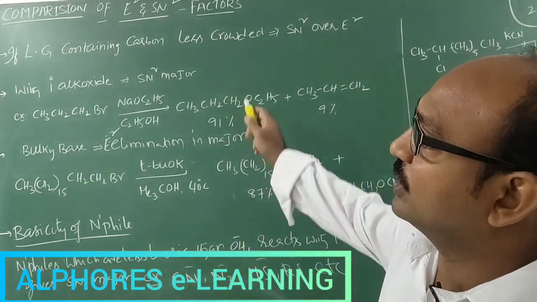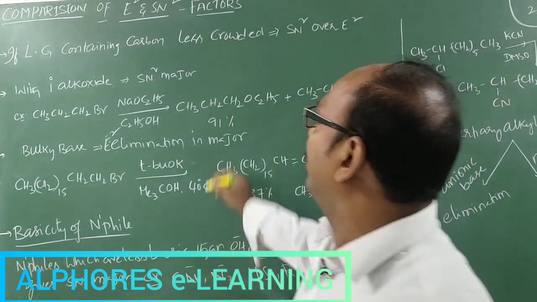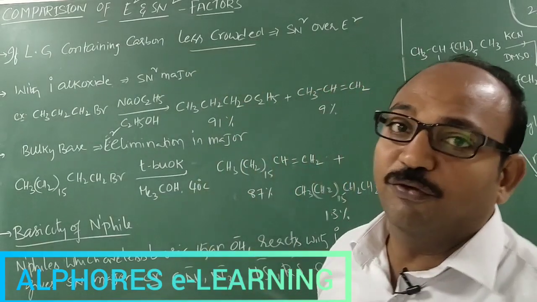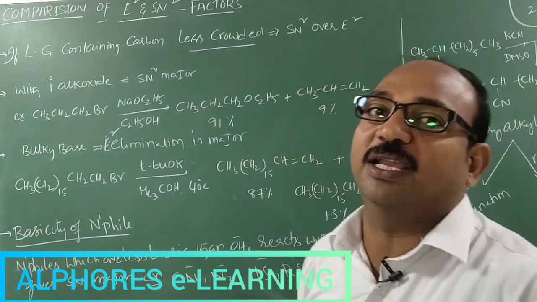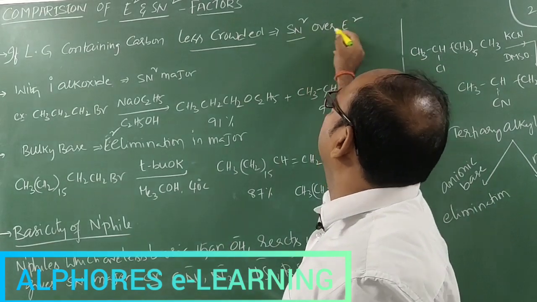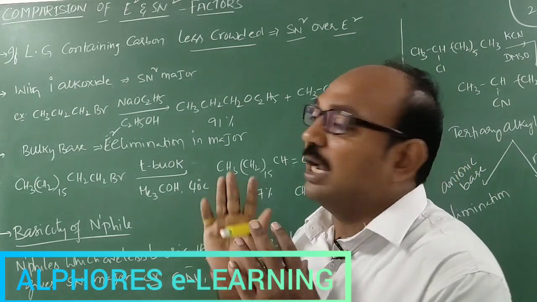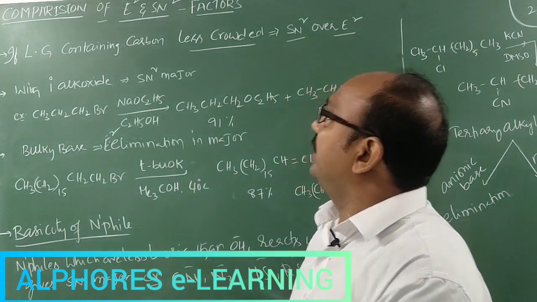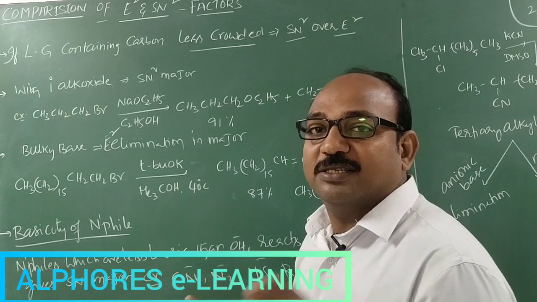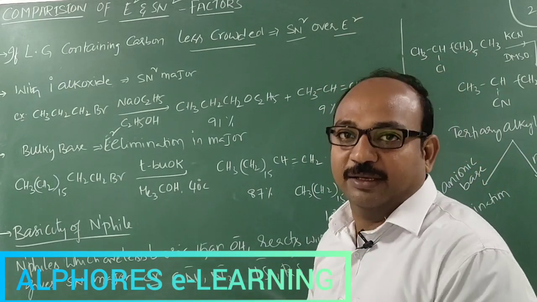In that, the first one: if the leaving group containing carbon is less crowded, then SN2 takes place over E2. Already we discussed, for the SN2 reaction, less steric hindrance is required because of rear side attacking.